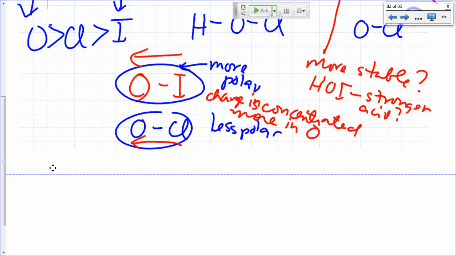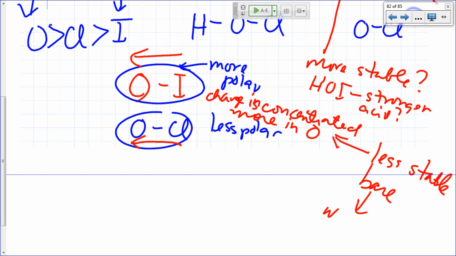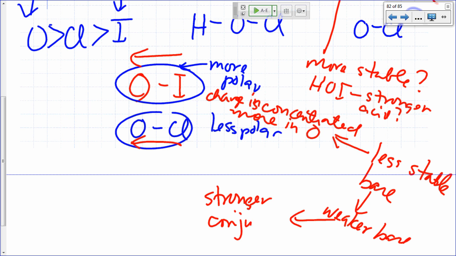So charge is more concentrated in the oxygen, so this would be the less stable base. And this would make it the weaker base, and that would give it the stronger conjugate acid. Okay? So that would be the explanation for that.